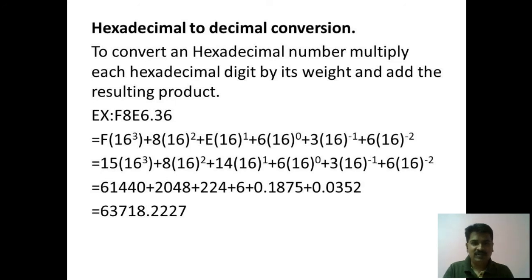You have to move on to the fractional part. After the point, the first digit is 3: 3 into 16 power minus 1, and the next digit is 6: 6 into 16 power minus 2. You calculate all these and sum all the resulting products. This answer is the decimal number equivalent to the given hexadecimal number.